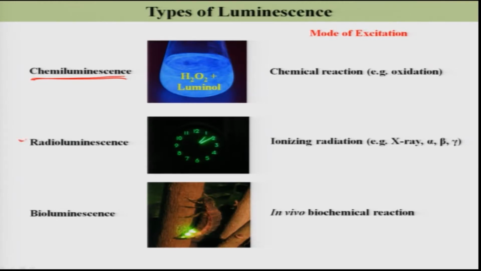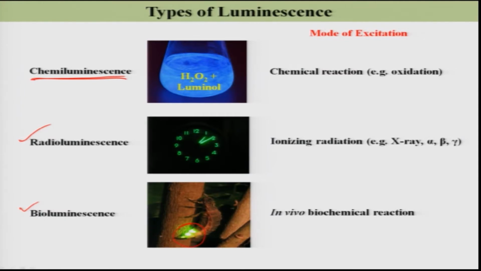Similarly, radioluminescence is a kind of luminescence where ionizing radiation like X-rays, alpha, beta and gamma rays are the mode of excitation. This can be seen in ancient clocks, where the digits and needles glow in the dark. The third category is bioluminescence, where an in vivo biochemical reaction is responsible for the excitation and the emission of light.